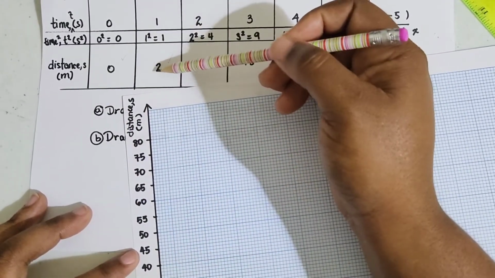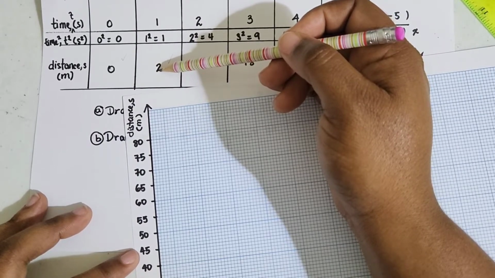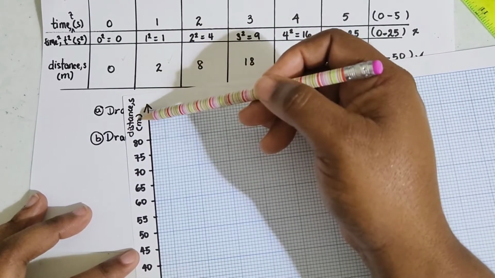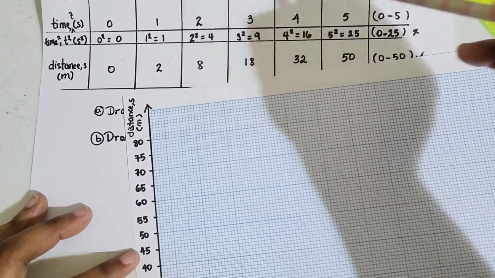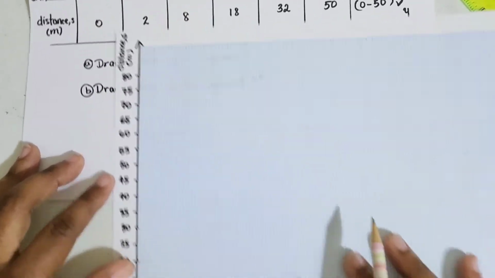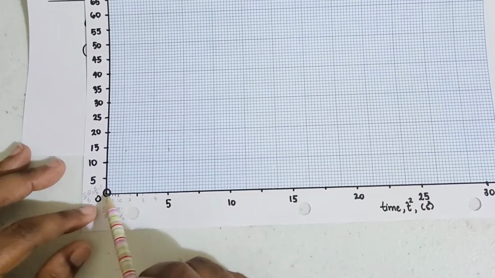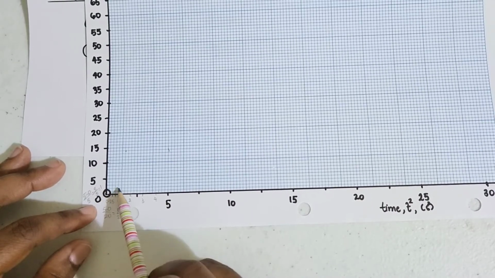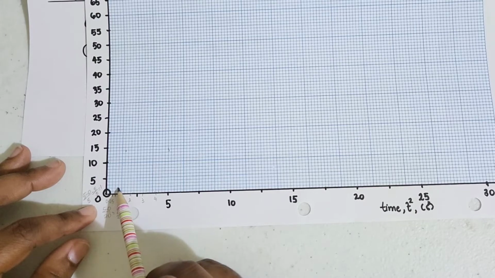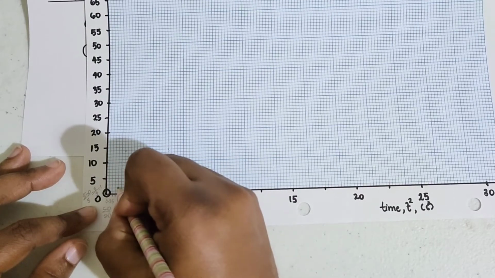So when the distance is 2, which is on this axis here, the time is 1. So again, we look for 2 here. 1, 2, and we know that this is 1 right here. So this is our point.